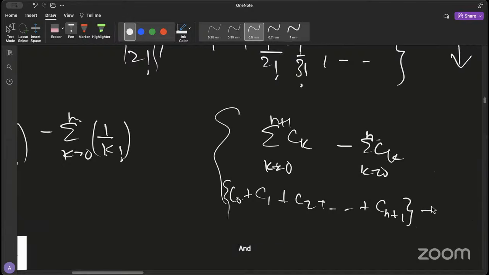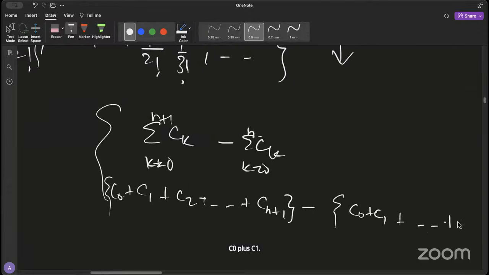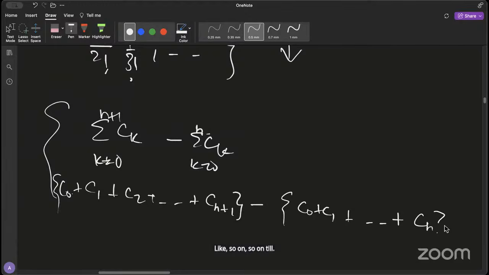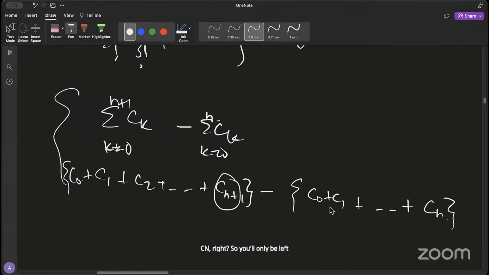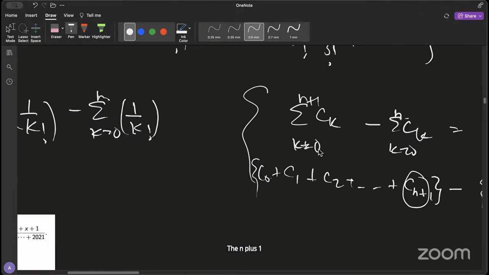And this other one is C0 plus C1 plus so on till Cn, right? So you'll only be left with this term. Everything else gets cancelled. So this is just Cn plus 1. The n plus 1th term remains and everything gets cancelled.